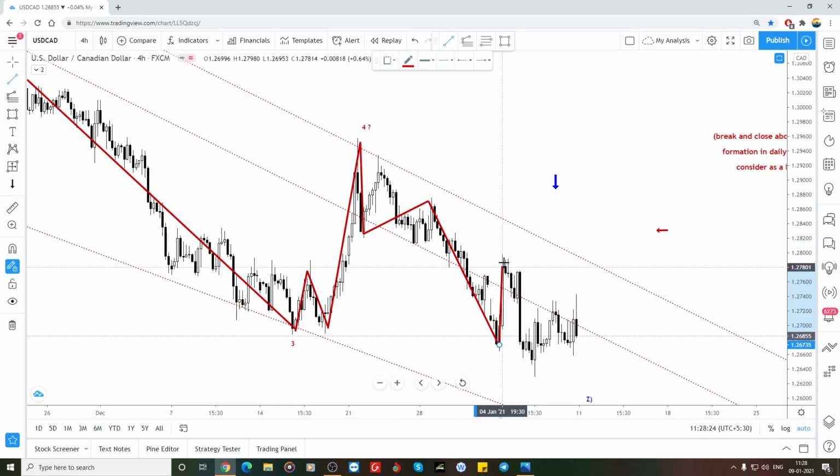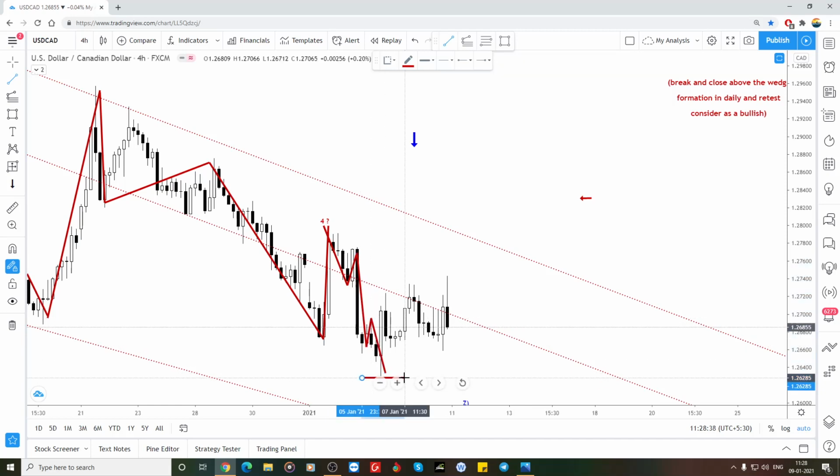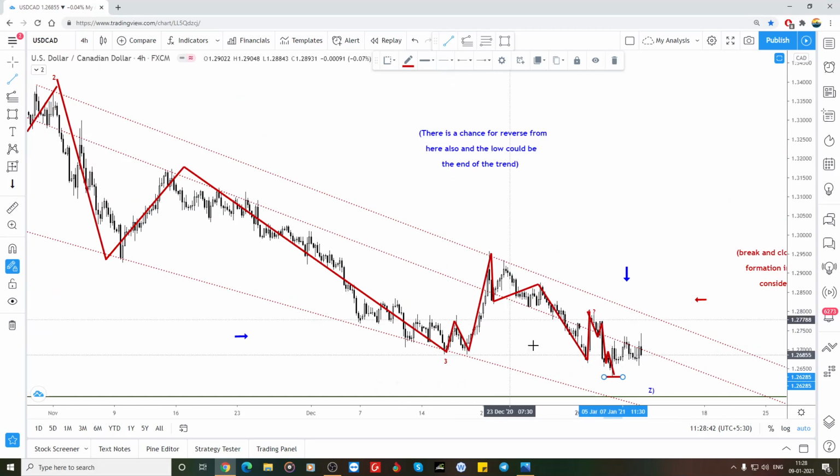After that, one spike is an impulsive wave. So this could be a 4 also, and here it's clearly seen the 1, 2, 3, 4, and 5, and it has not yet broken the low. So if it is possible, this is the end of the trend.